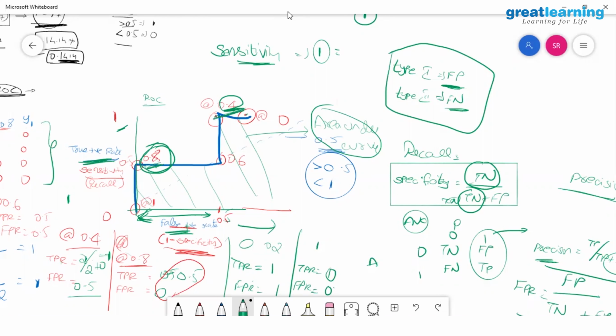So these 0.4 and 0.8 are the two optimum values to be selected, depending on the domain they are suited for. If I am highly skeptical about the sensitivity value, I want 100% and 0.4. If I do not want even a single false positive, then 0.8 is the right value, like what Monica said.